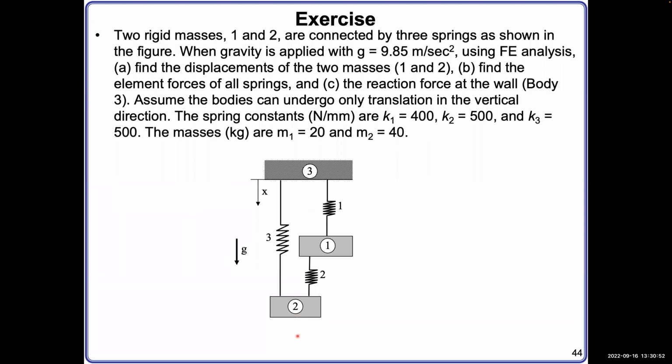Here is the weight of number 2, and then you have three nodes, three springs, right? And here the top wall is giving a reaction force, no displacement, right? So this question can be solved. You can solve it independently after class, and it can be a very good practice. Okay, good. Now we can start to talk about the uniaxial bar element.